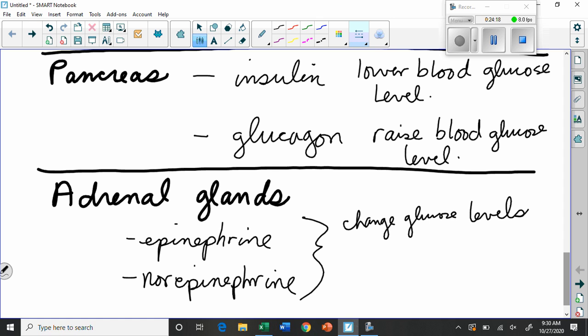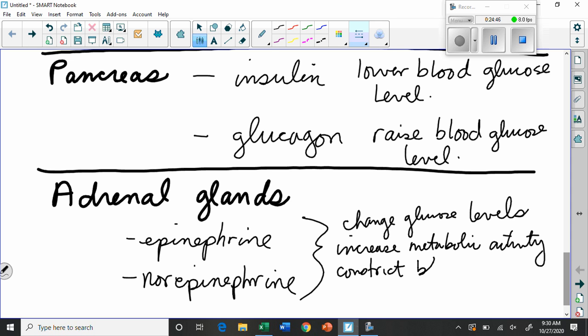Change glucose levels, increase metabolic activity, and we'll say they can constrict blood vessels. Let's put that down. Constrict blood vessels.